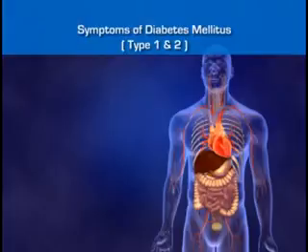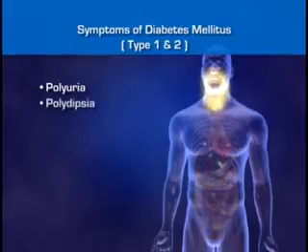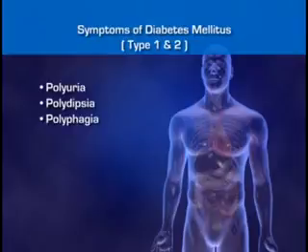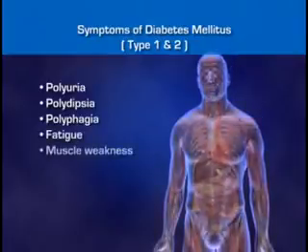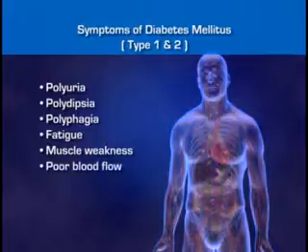Symptoms of type 1 and type 2 diabetes mellitus include the three Ps: polyuria, polydipsia, and polyphagia, which is excessive hunger. Other symptoms include fatigue, muscle weakness, and poor blood flow, which leads to further fatigue.